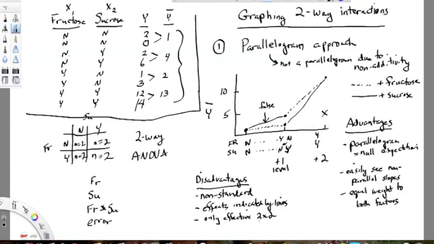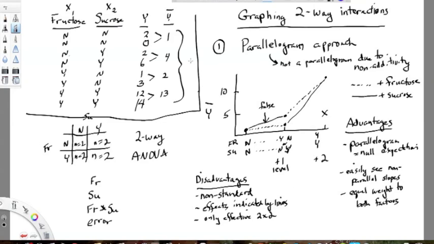But if you have three levels of something, then suddenly it's not a no-yes. It's not the effect of adding something. It's the effect of adding more or less of something. And it becomes harder to interpret these kinds of graphs as soon as you have multiple levels. So I think it's most effective when you have a 2x2, but that limits its utility.